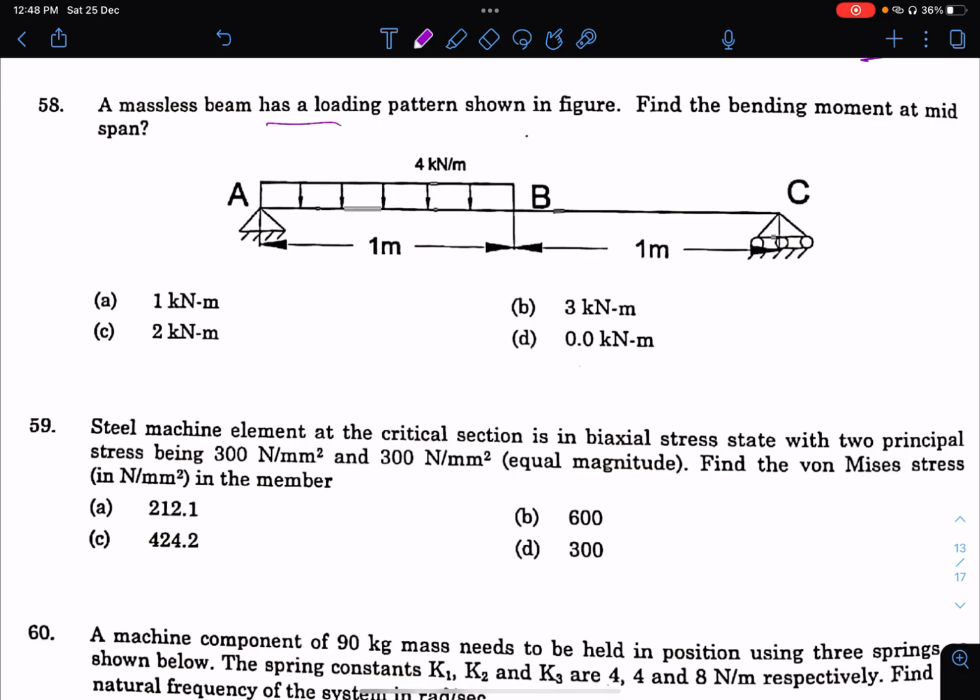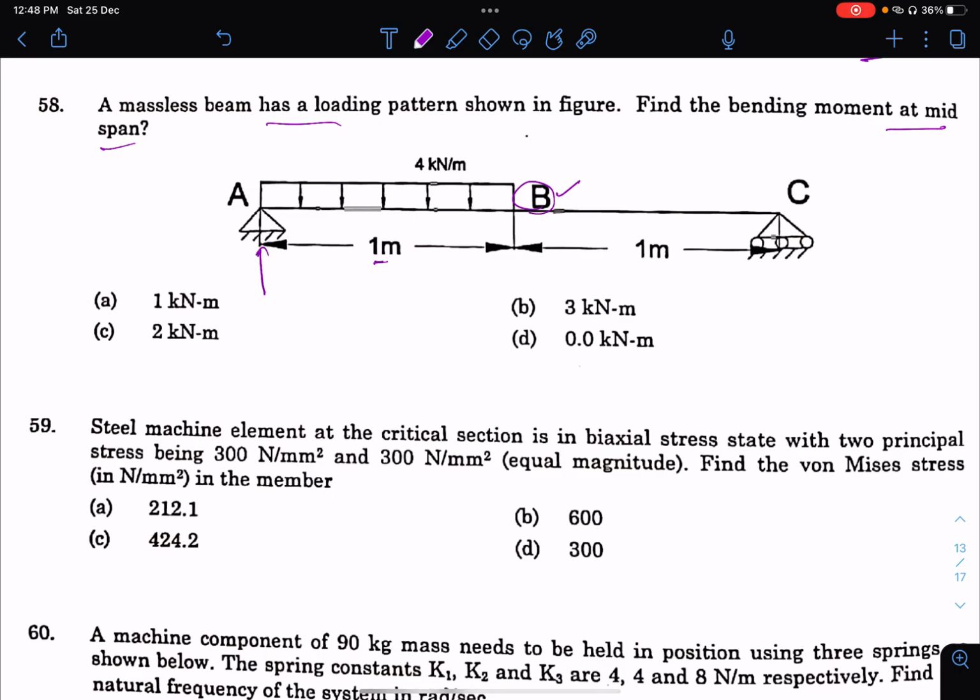A massless beam has a loading pattern shown in the figure. Find the bending moment at the midspan. So we have to find out the bending moment. This is the midspan, so at point B I have to find out the bending moment.